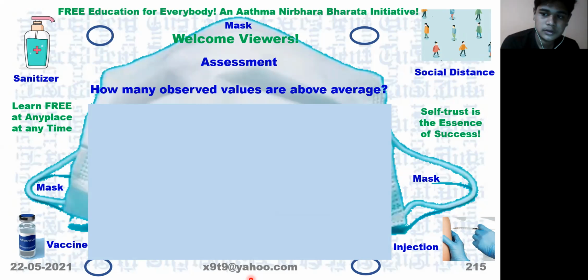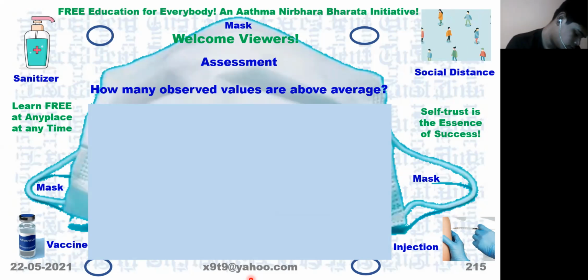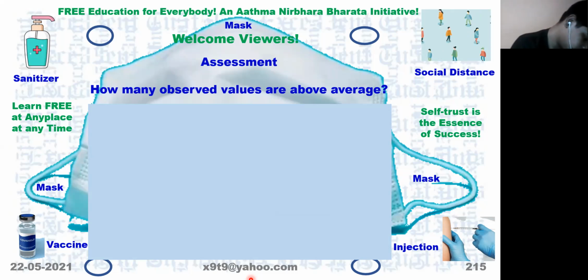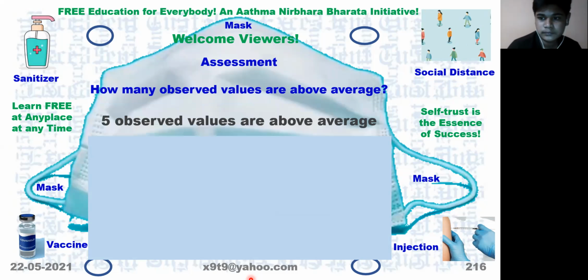Average, sir, the average value. X bar, how much did you get? 52.1. So once we know the average value, we can check in the given data how many values are above that average value. 5 values, sir. There are 5 values which are above.